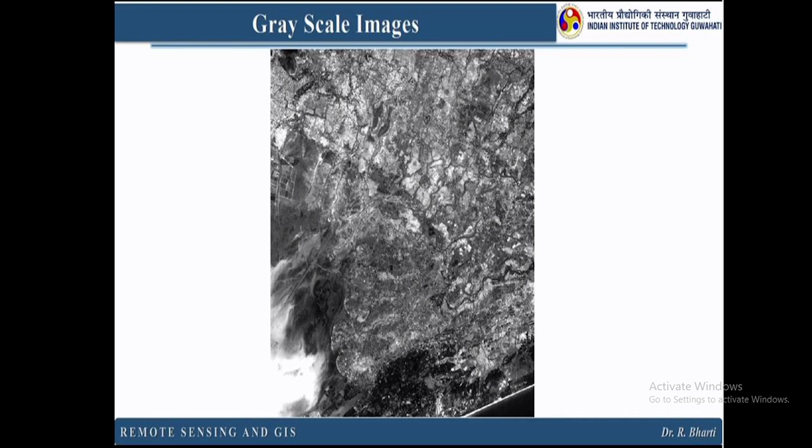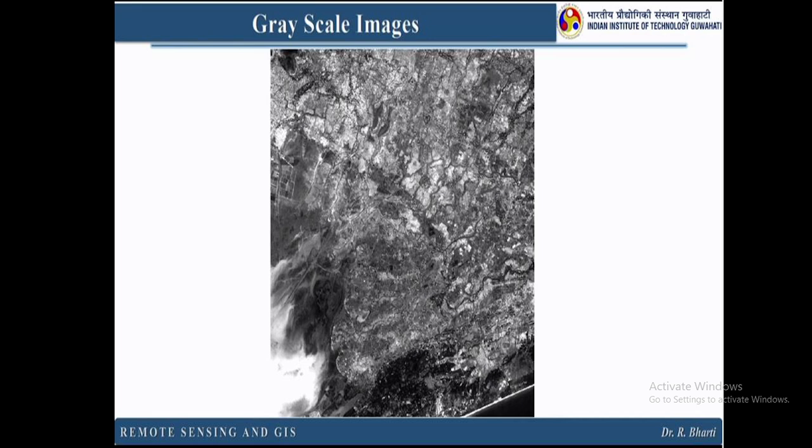The grayscale image is the same as we saw before, a satellite image showing every portion and every feature in gray color.